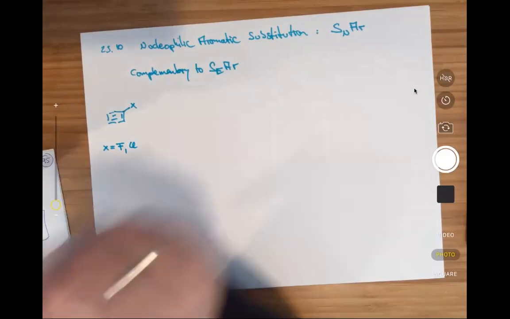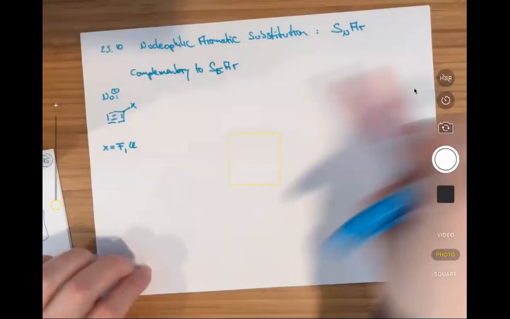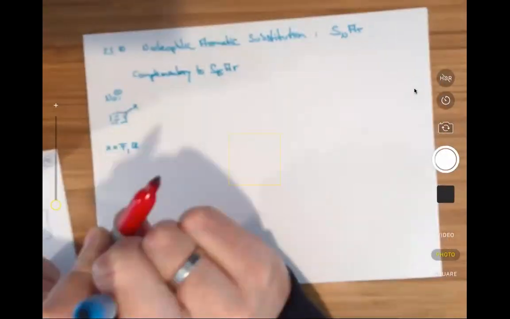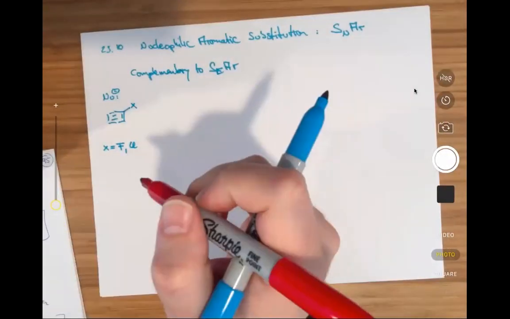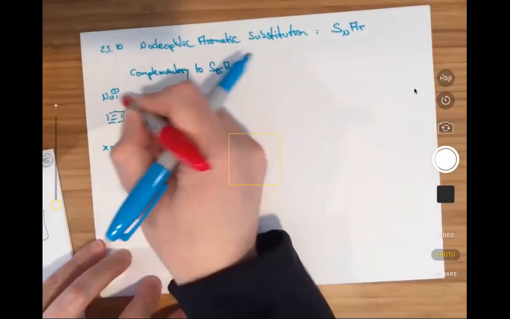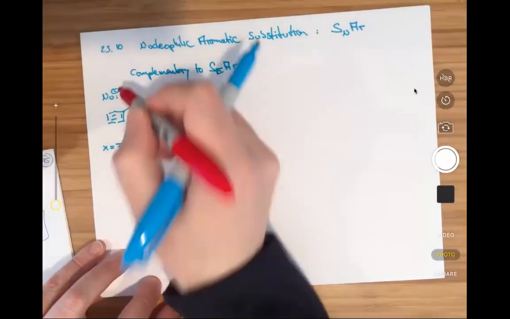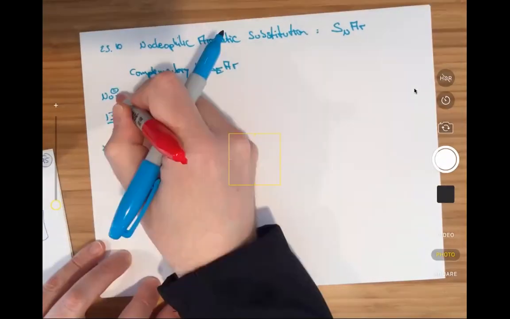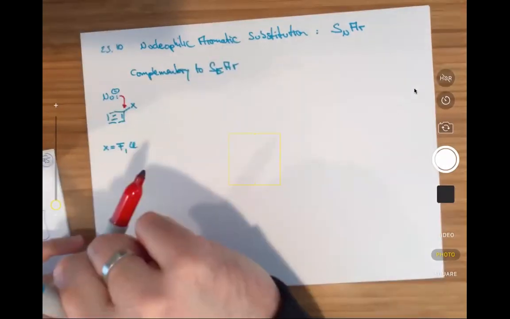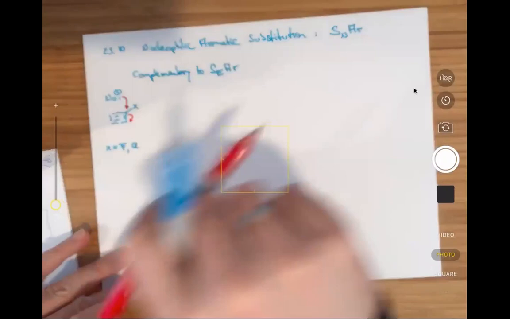Now, so how does this work? Well, we can take our nucleophile here, and we have our lone pair, and we can do the same thing as we did with the electrophilic aromatic substitution, with the only difference now that the nucleophile is attacking the pi system. So we push the electrons into the lowest unoccupied molecular orbital. So we push the electrons in here, and then we can remove the electrons from the pi bond formally out to that position.